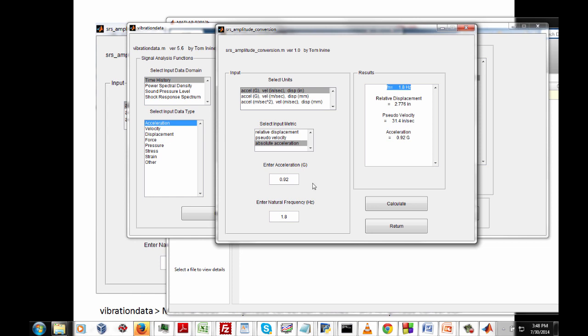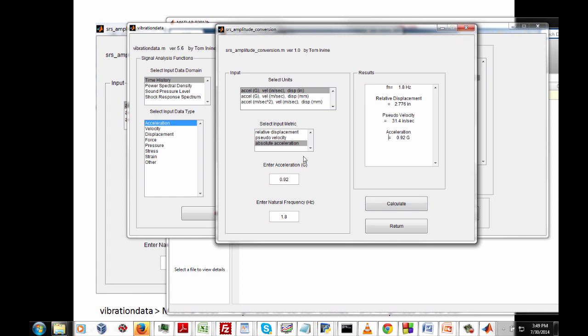And the acceleration, which we input, is 0.92 g. So these three amplitude metrics, with the accompanying frequency, are all consistent with one another. So for the purpose of design and analysis work, we need to be aware of each of those three metrics.